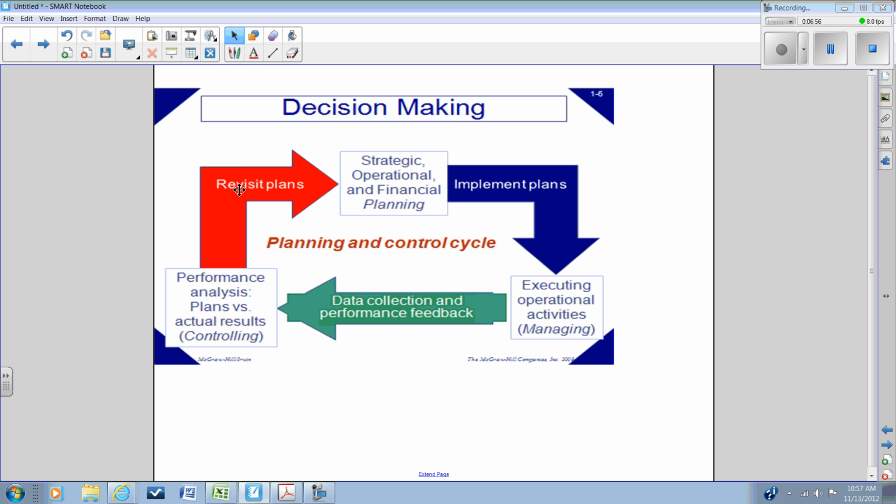We will periodically and systematically revisit our plans, fine-tune our plans, and the cycle continues. So cost accounting is all about planning, gathering data, providing feedback, and controlling the operation.